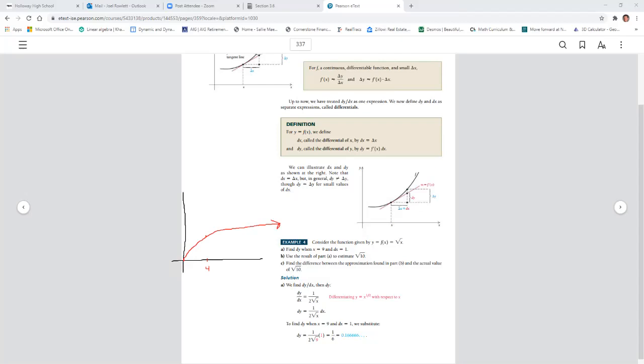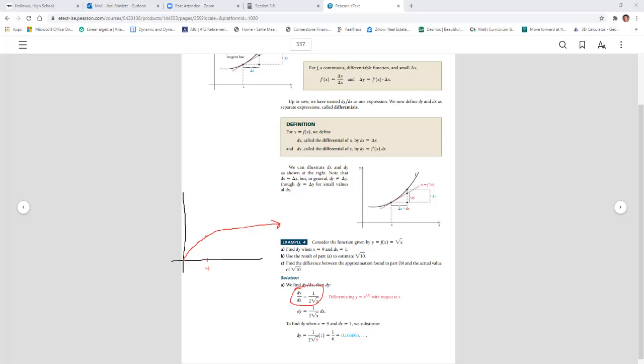So part A says, find dy if x is 9 and dx is 1. Well, remember that dy over dx is just the derivative with respect to x.